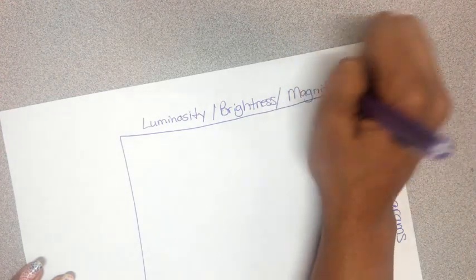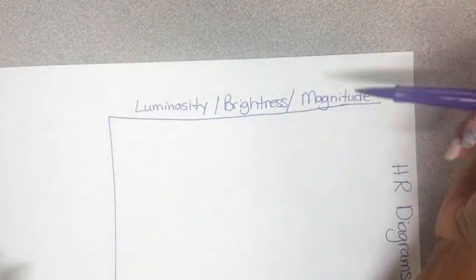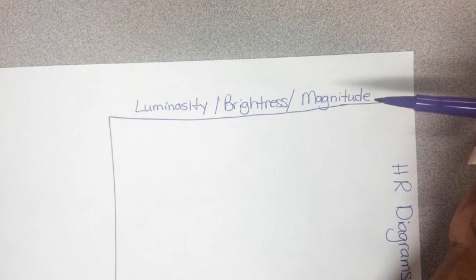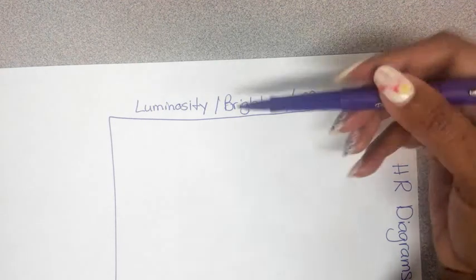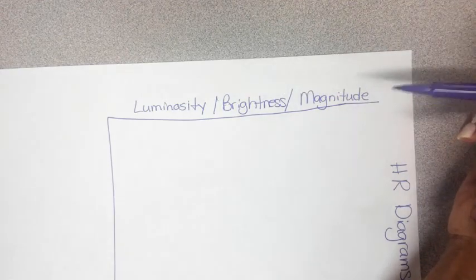Luminosity, brightness, and magnitude all mean the same thing. So if it asks about how luminous a star is, what its magnitude is, or what its brightness is, that all is referring to brightness.